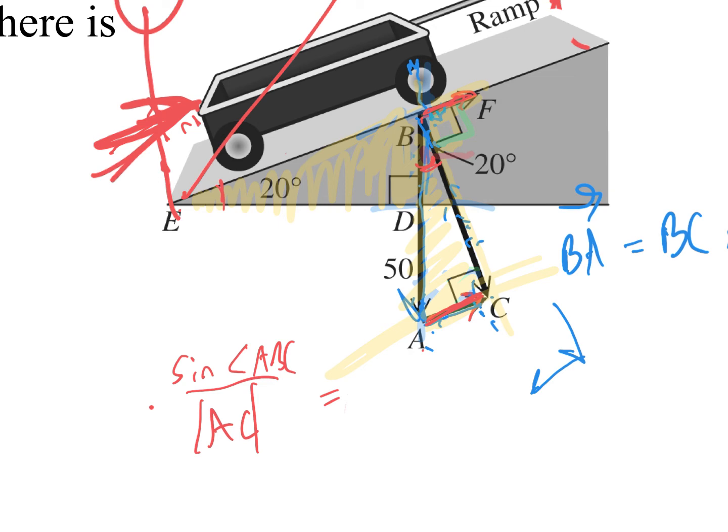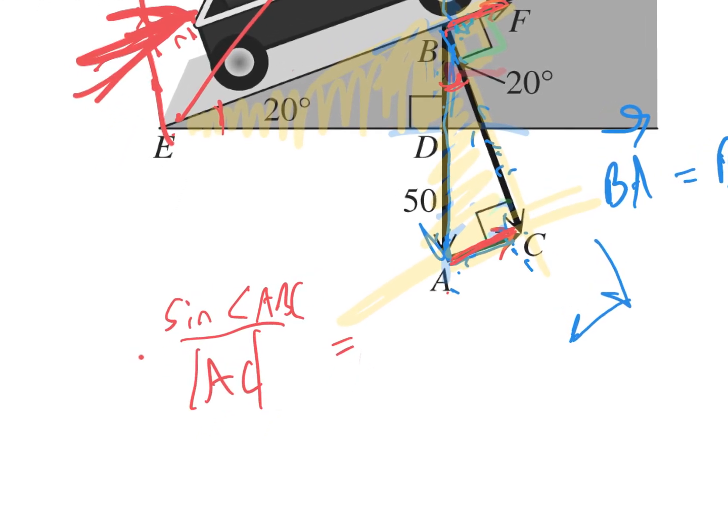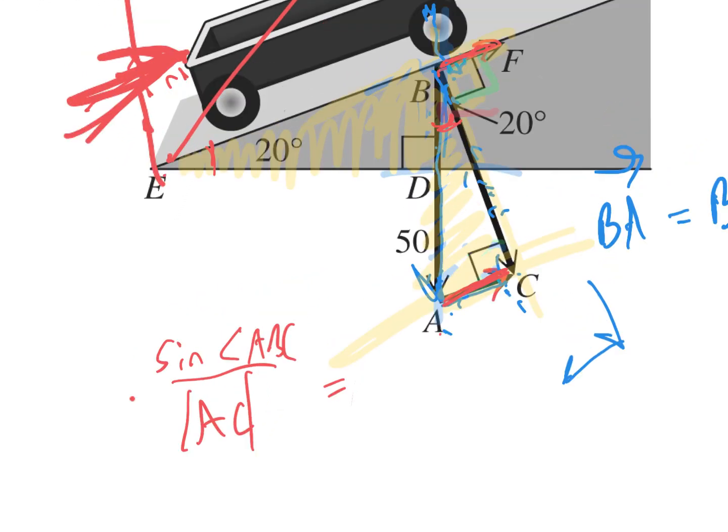Well, I already have ABC. That ABC is 20. I can use the right angle here over the 50.